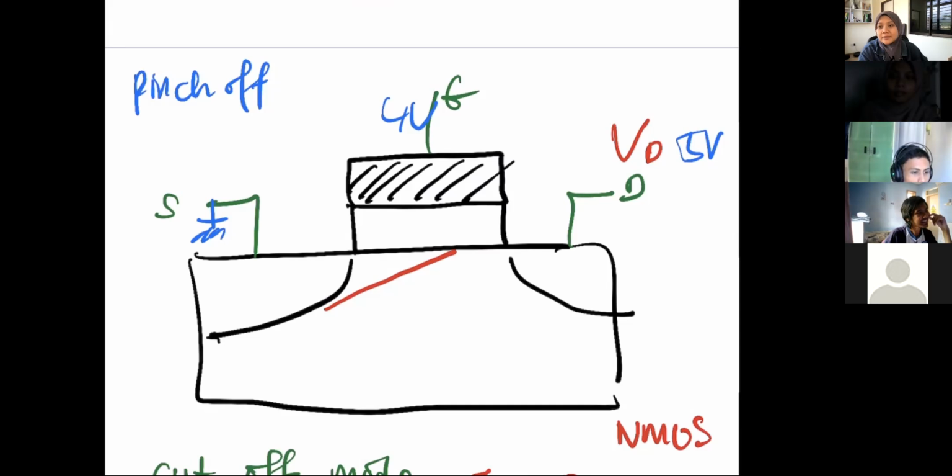Muhaimin, tak faham lah. So as the VDS increases, there will be a voltage drop. VGD equals VDS minus VGS.